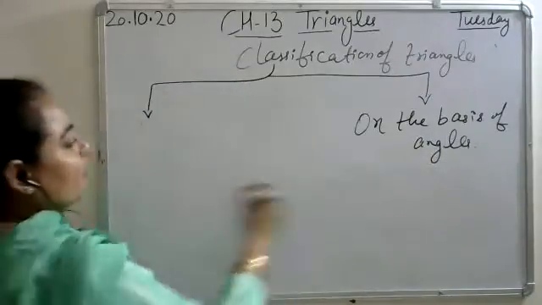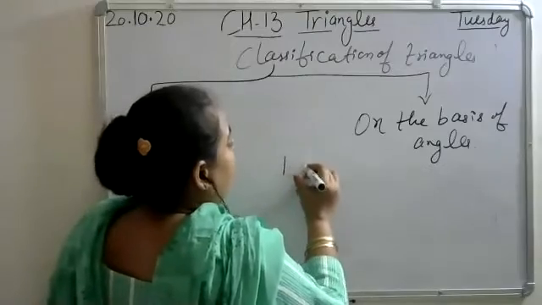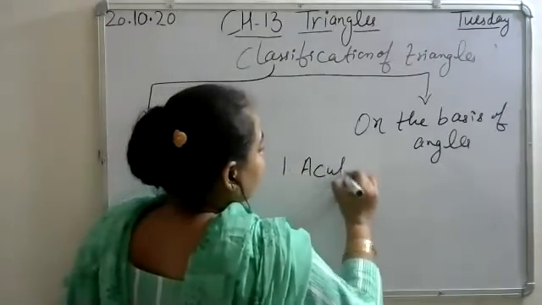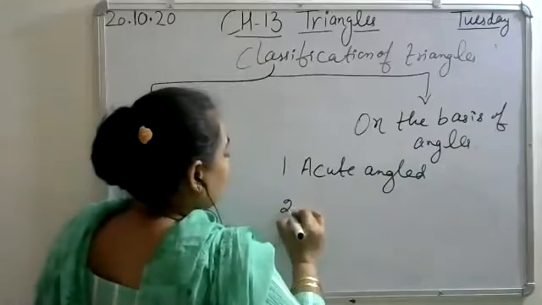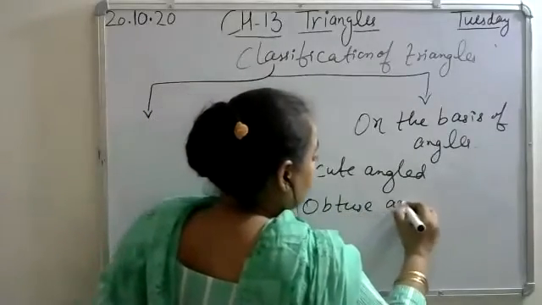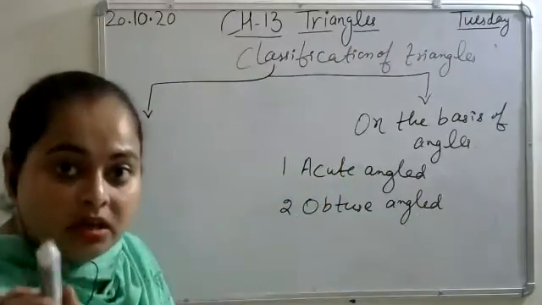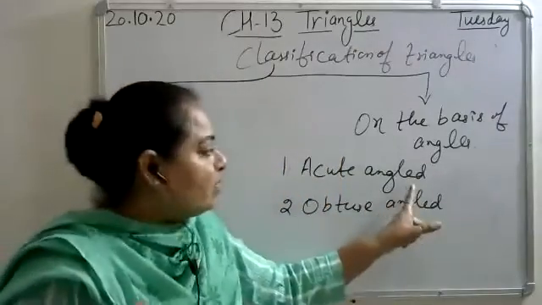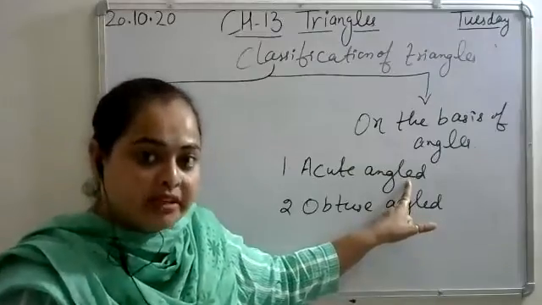Okay, so on the basis of angles, you have again number 1, acute angled. Number 2, obtuse angled. You will not write angle. You will use the word angled. This word is very, very important.